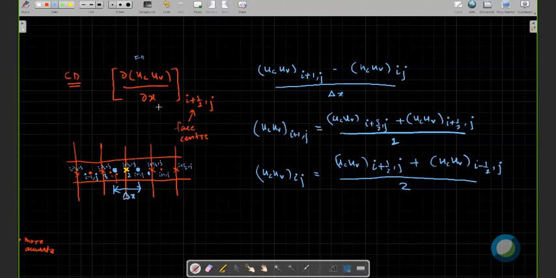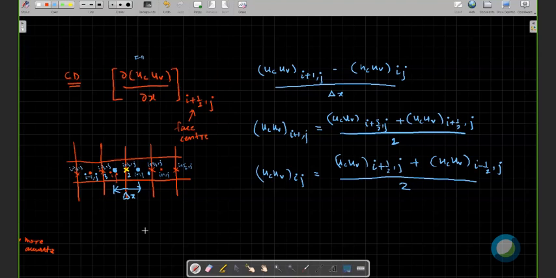Okay. So for other terms at i half, you will have to take these 2 points and take the delta y like that. And then at every point, you have to take the average of u. So u at the face will be this point and the other point will be here. At this cell corner, you have to take the average of this and this face center values. Okay.